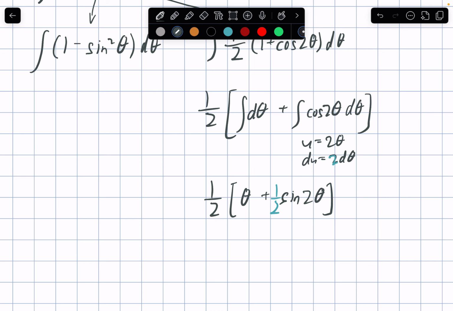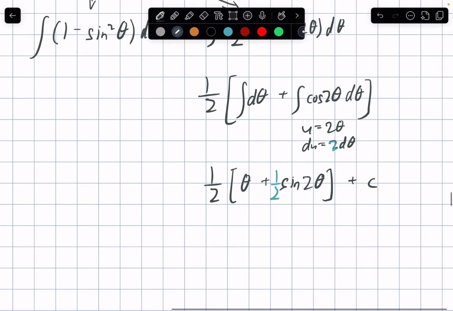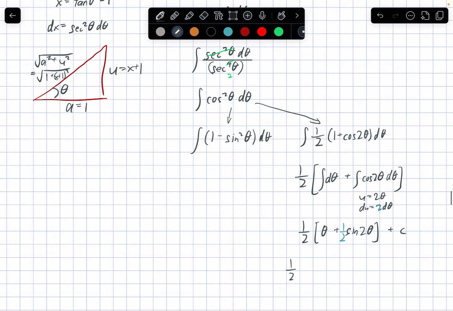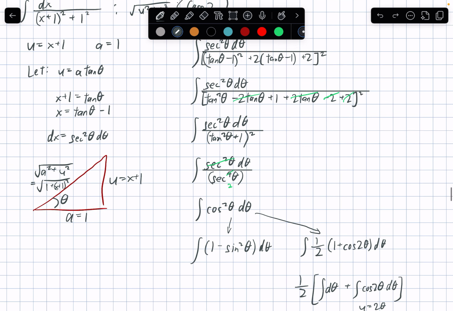Let me confirm something first. Okay. Yeah, we're on the right track. Let's continue. So we see theta here. We can now substitute.